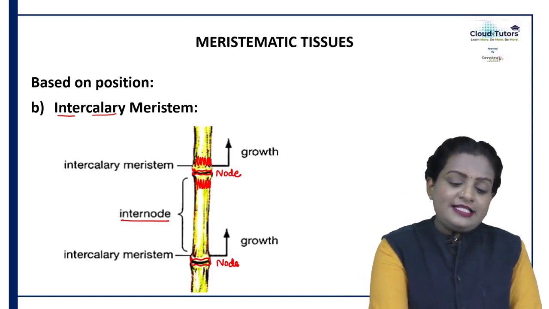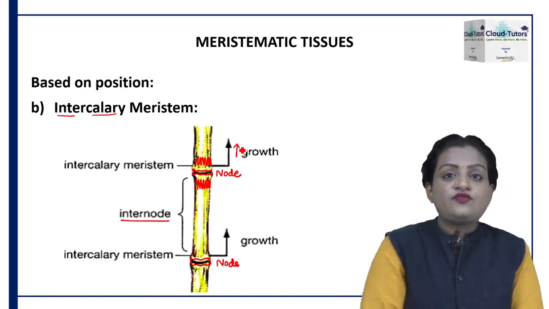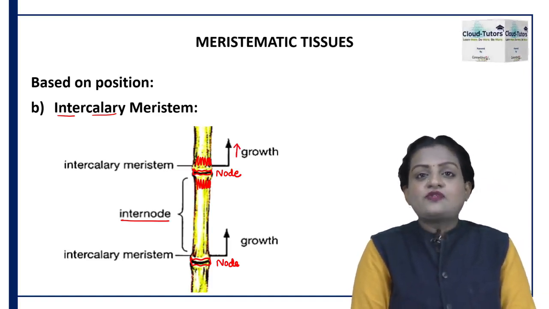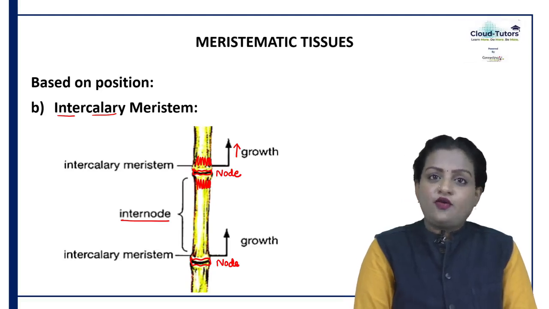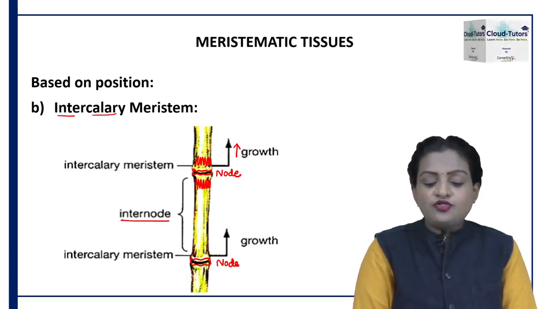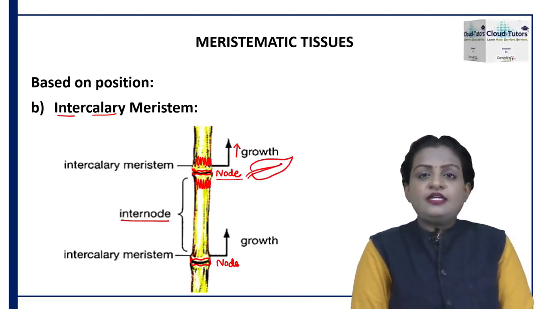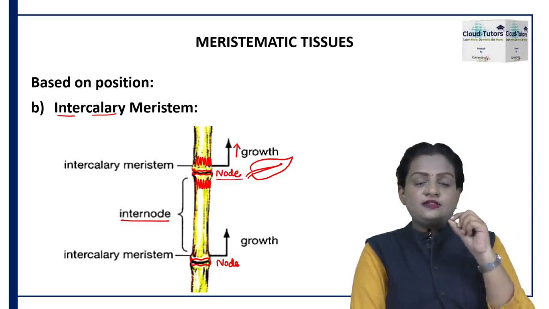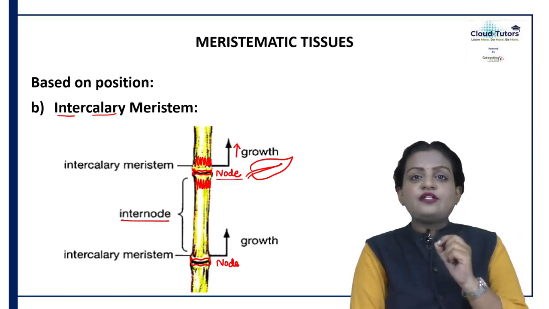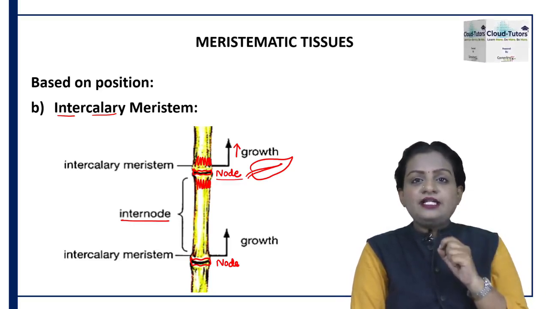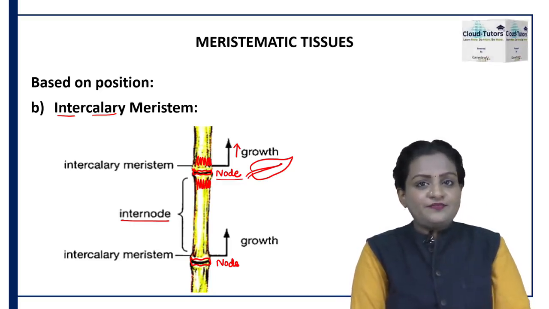So actually it is increasing the growth or height of the plant body in case of monocots or dicot. In dicot, the nodal region is nothing but from where the leaf actually originates. So if the cells in the node region or either side of the node divide, it increases the height or the length of the plant body.